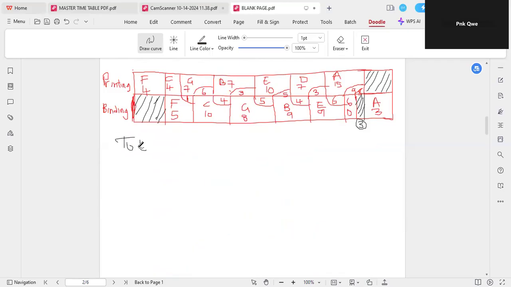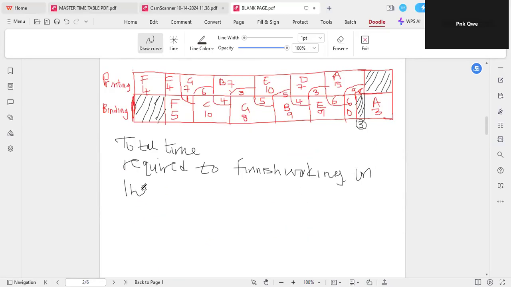So the total time required to finish working on the jobs is actually equal to 4 plus 4, we can add the hours for printing: 4 plus 4 plus 7 plus 7 plus 10 plus 7 plus 15 plus 3.